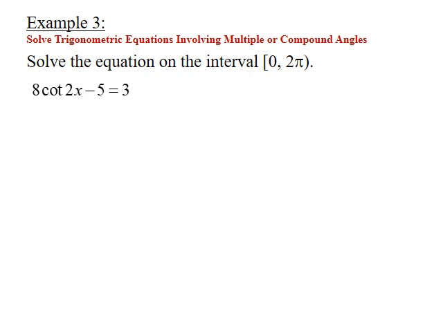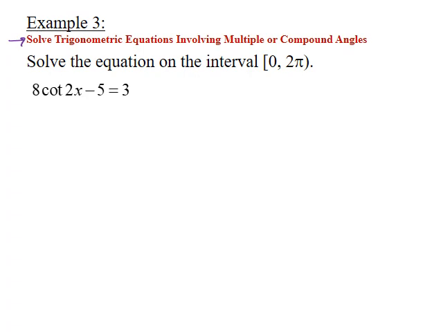Okay, so this example involves solving trig equations involving multiple or compound angles. So if you look at this equation, this one's a little bit different because the argument of the trig function is 2x rather than just x.